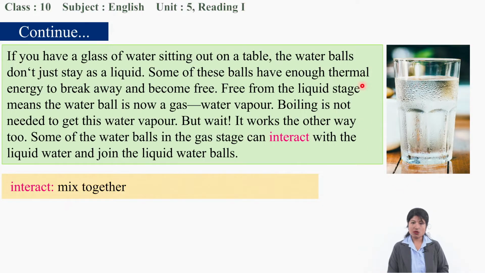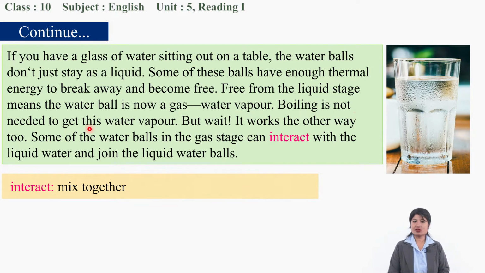If you look very closely at the glass, the water molecules start to change. They have some thermal energy in themselves. They can break free from the liquid state, which means the water is now a gas. They change into vapor, water vapor.